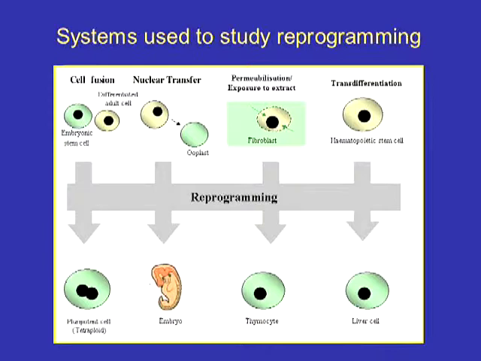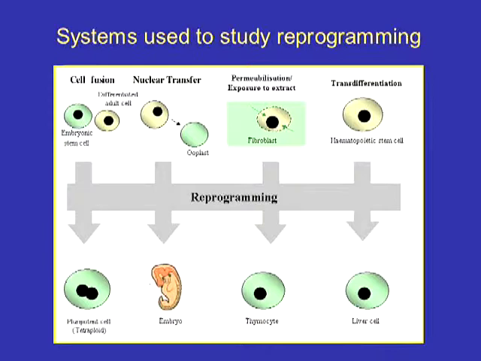And then you can show by the production of a viable animal that you have indeed restored developmental potential. But nuclear transfer is quite laborious. It's a very difficult technique to learn, and the main problem, I think, is a question of whether you can generate enough material to really go after the genetic changes that are responsible for reprogramming.